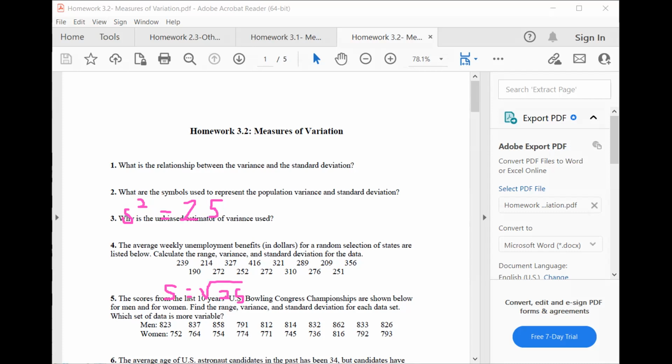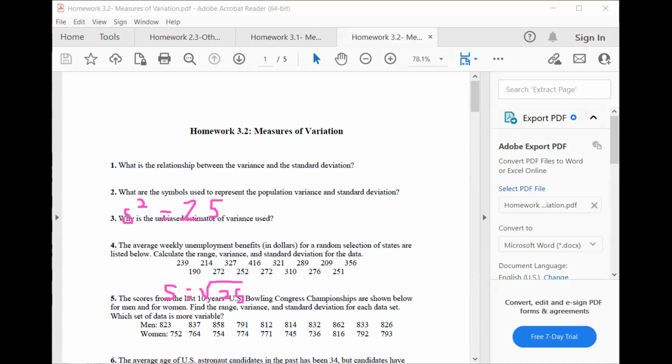So you could say this a couple of ways. You could say that the standard deviation, S, is the square root of the variance, or you could say the standard deviation squared is the variance.